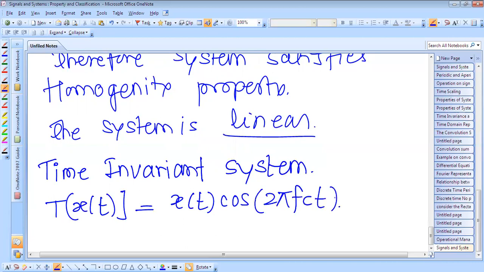Okay, time invariant system means whether the input is delayed by some time, whether the output is also delayed by some time. We have to check whether the system is time invariant or not.